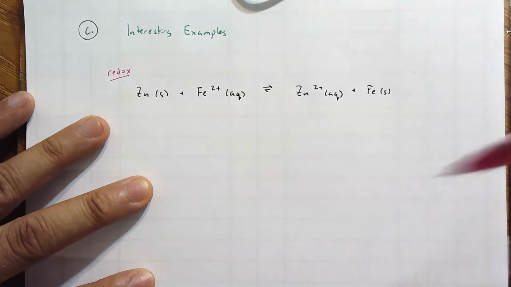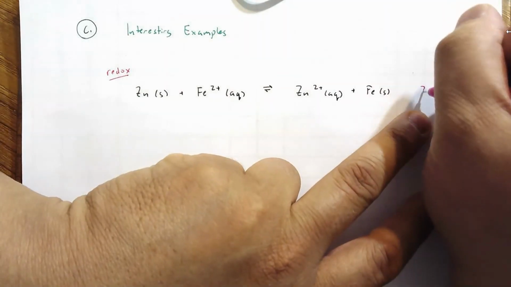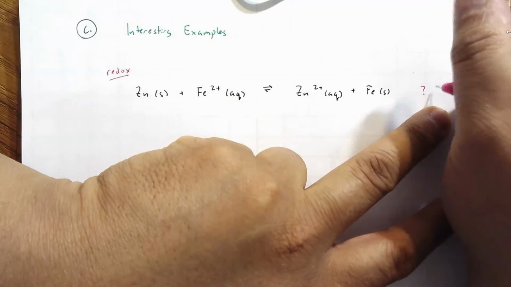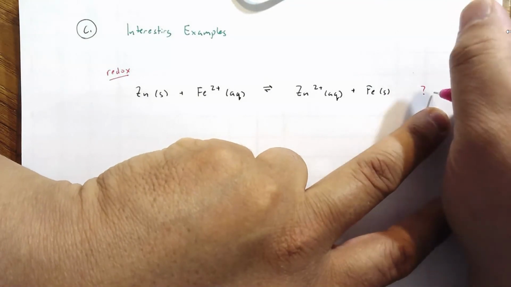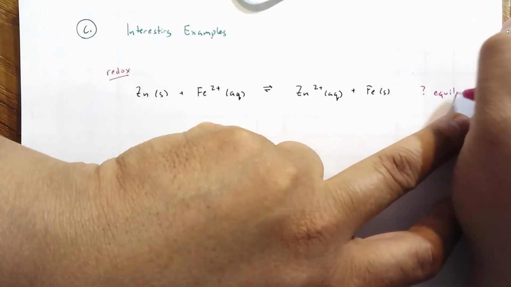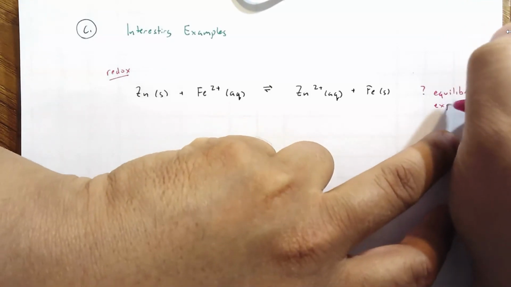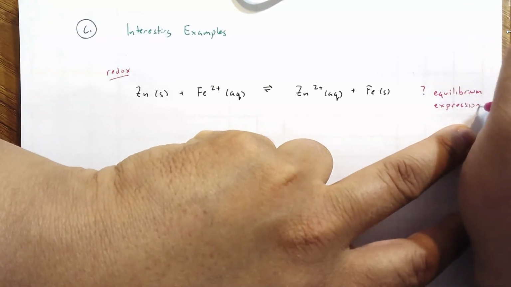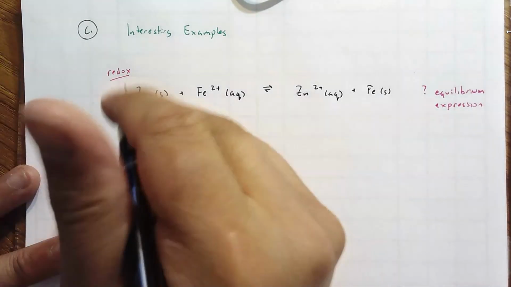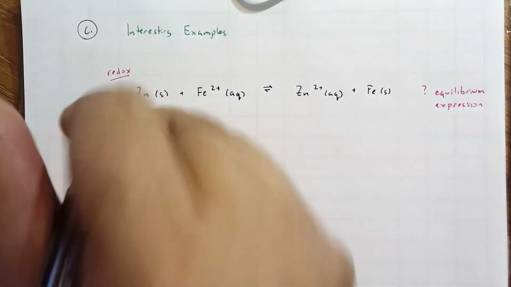And I want to know the expression, the Kc or the equilibrium expression. Set it up. The other one that I think is interesting is this one.